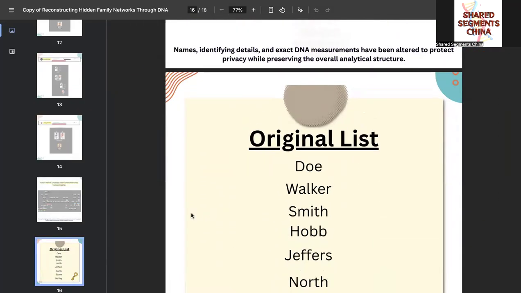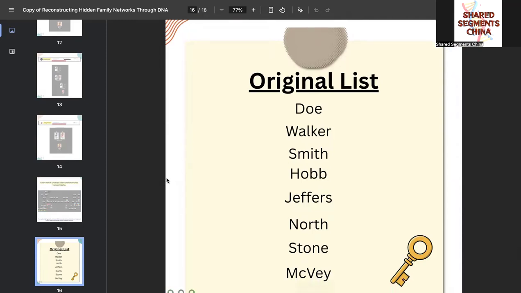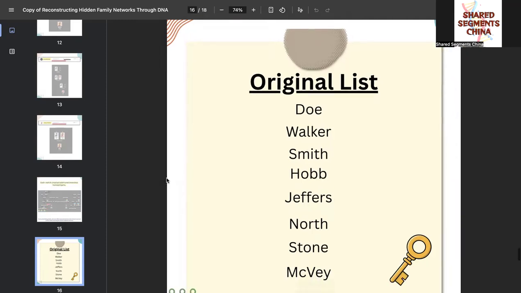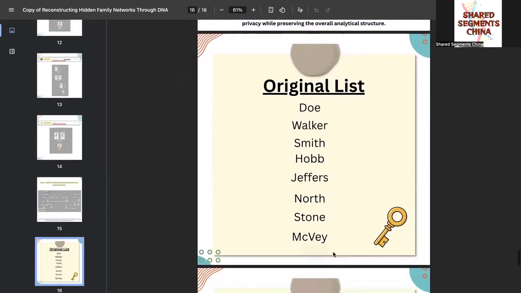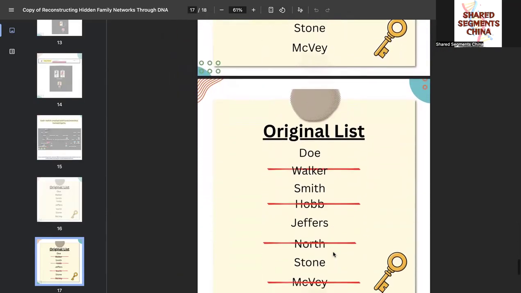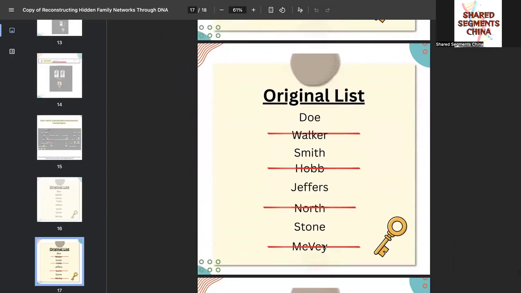What this also let us do, thinking about our simplified lists above, it let us look for patterns by just sketching those all out. So our original list, if we looked at the last names, we kind of have a bunch. We have Doe, Walker, Smith, Hobb, Jeffers, North, Stone, McVeigh. At a glance, that's kind of a lot. Scrolling down, because we looked for patterns, we can hypothesize that a lot of these names are ones that have married in, because they don't overlap on the lists.